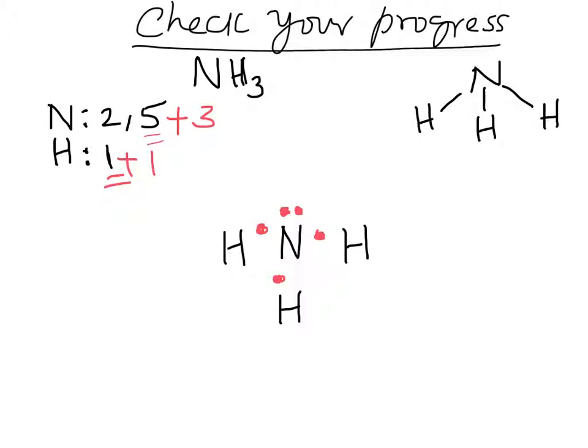For hydrogen, I'm going to show that with a cross. So as you can see, there are 3 bonds here: 1, that pair of electrons, 2 and 3, and then 1 pair of electrons on nitrogen which is not used in bonding. I'm going to show this now with a dot and cross diagram.